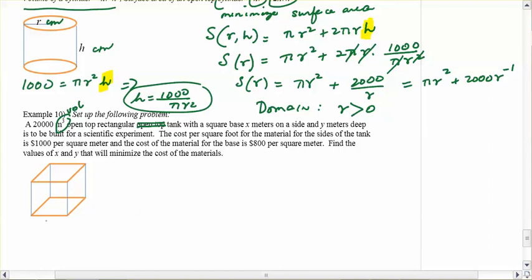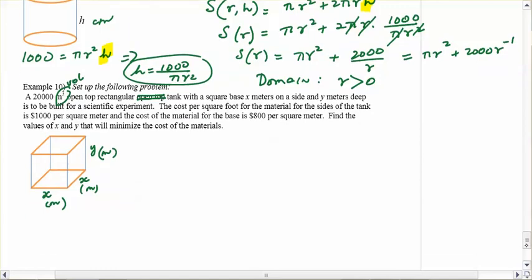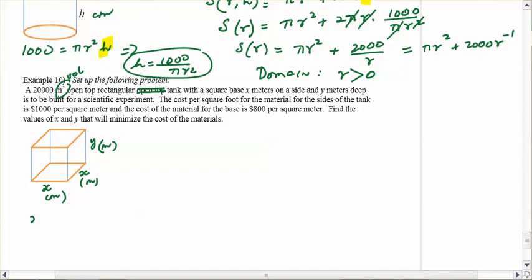So with a square base, x meters by x meters, measured in meters, and the height of my tank is y meters deep. Okay, and the volume is 20,000. How do I find the volume of a box? Length times base times height, so x squared y is 20,000.